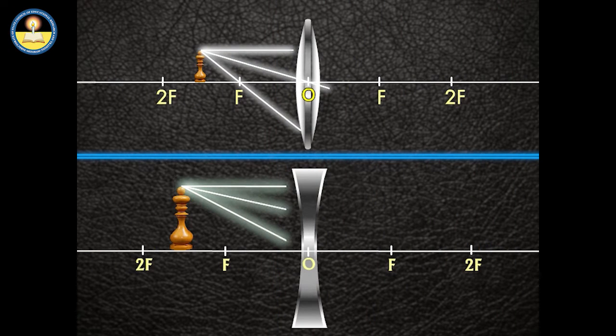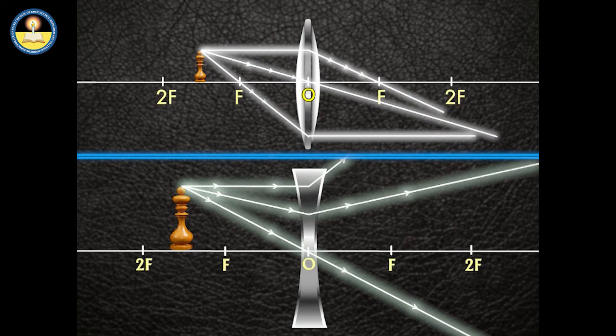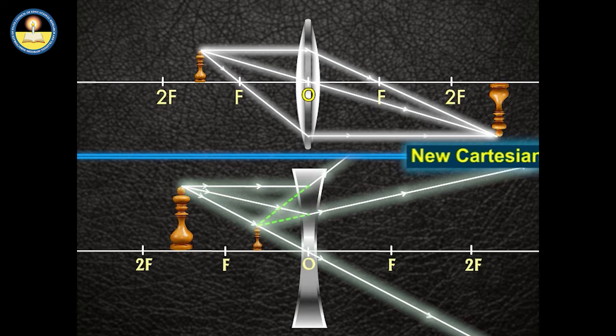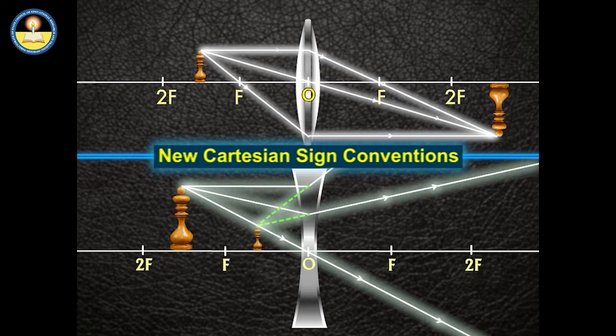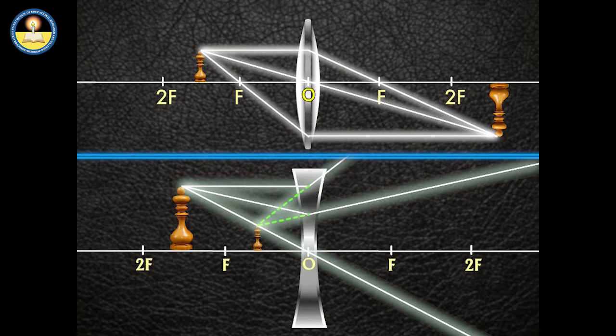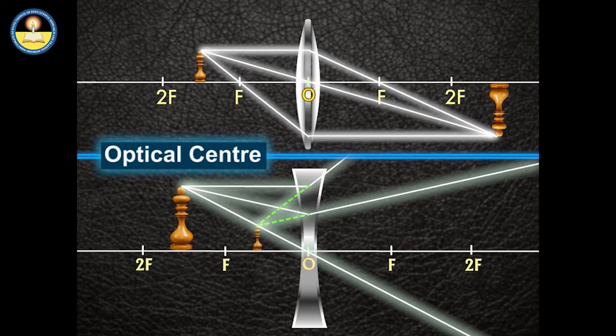While dealing with refraction at spherical lenses, we have to follow a system of signs called the new Cartesian sign conventions. According to this system of sign conventions, all distances are to be measured from the optical center of the lens.